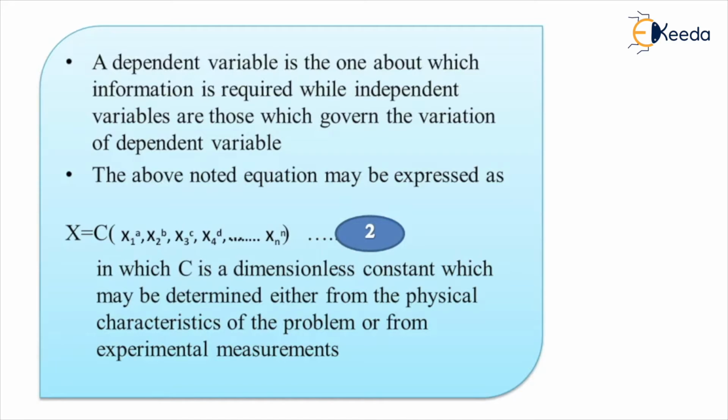The above noted equation may be expressed as capital X is equal to C into x1 raised to a, x2 raised to b, x3 raised to c, x4 raised to d, ..., xn raised to small n. This is our equation number 2, in which C is our dimensionless constant, which may be determined either from the physical characteristics of the problem or from the experimental measurement.